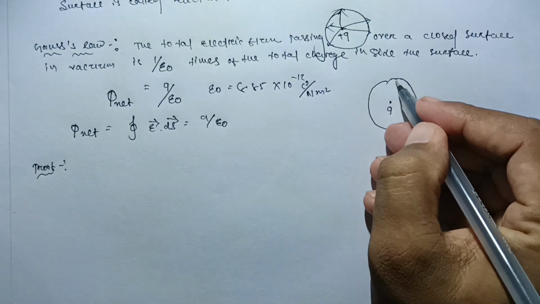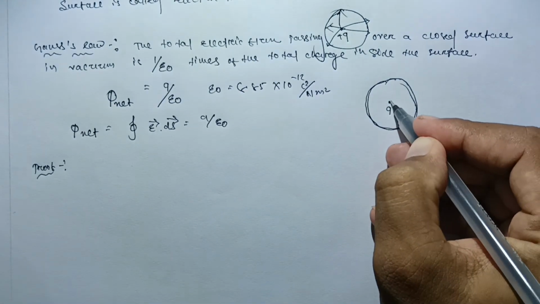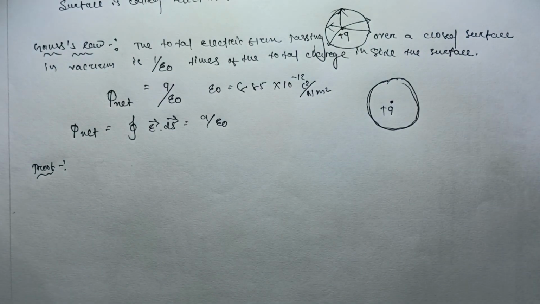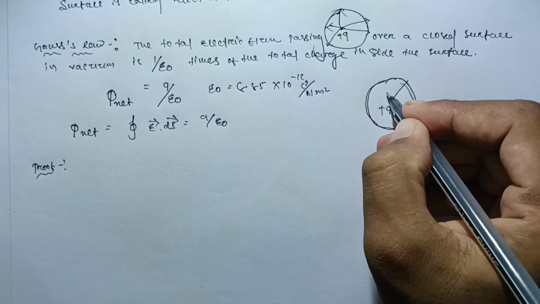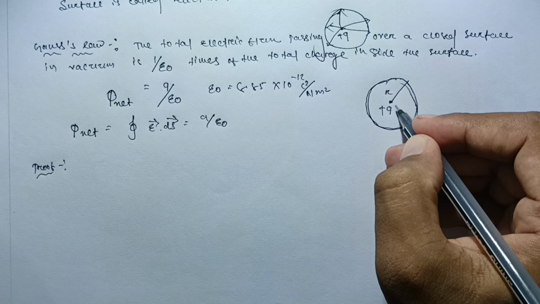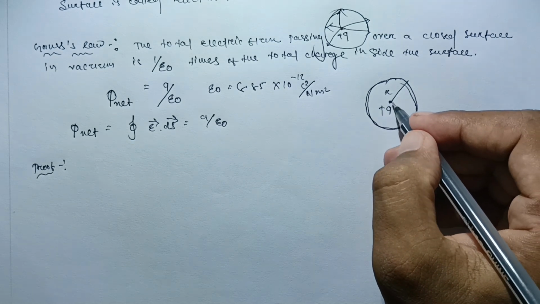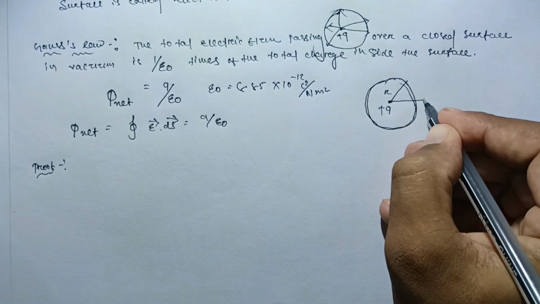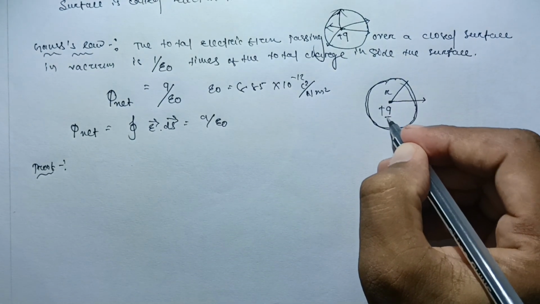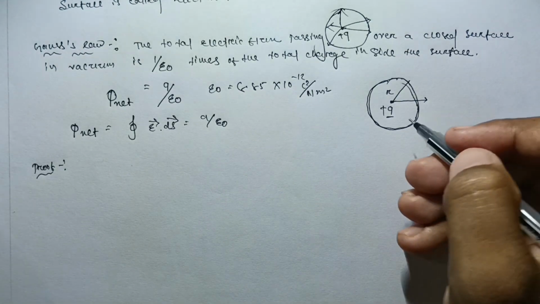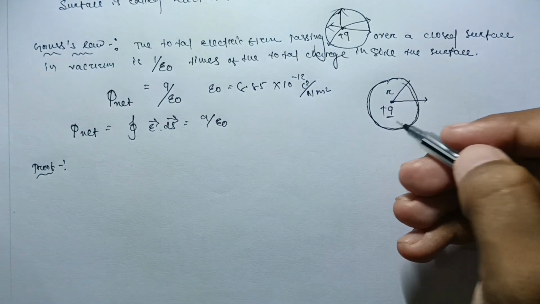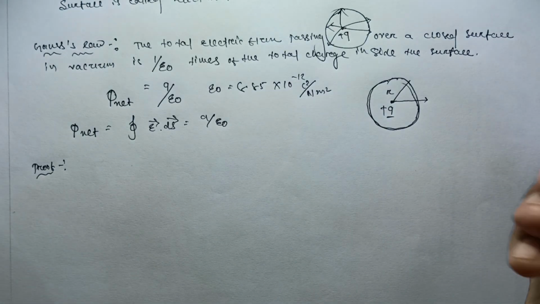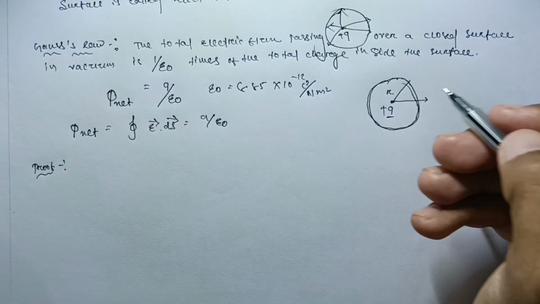If there is a closed surface and plus q charge inside the closed surface, right? So the radius of the surface is r, right? So the electric field will be outward because there is a positive charge, right? If there is a negative charge, the electric field direction is inward, right?